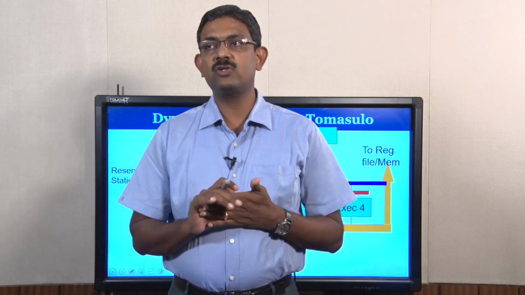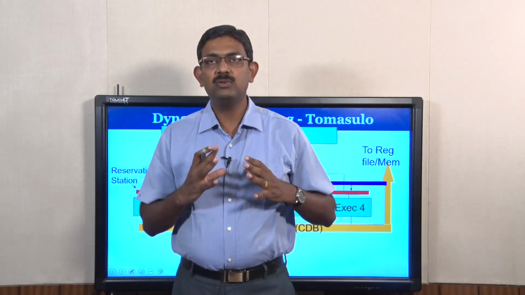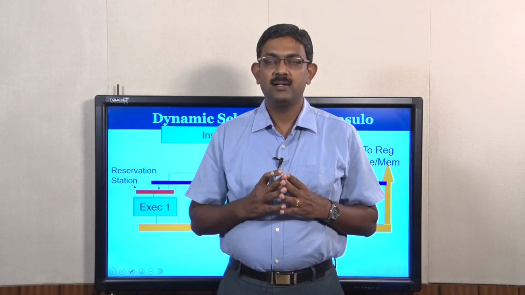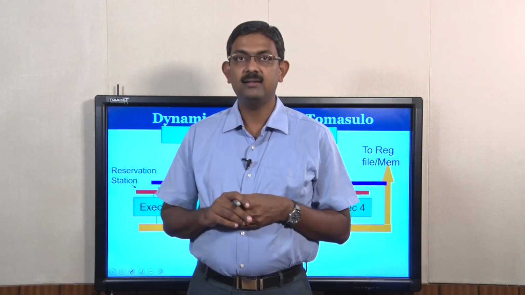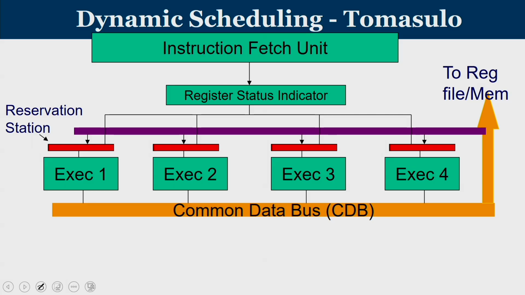Now, for the rest of Tomasulo's algorithm, we will first try to see what the functional unit looks like. This slide will help you to understand Tomasulo's algorithm in a better abstraction. You have an instruction fetch unit from where instructions are brought and kept in memory, and you have a unit called register status indicator.